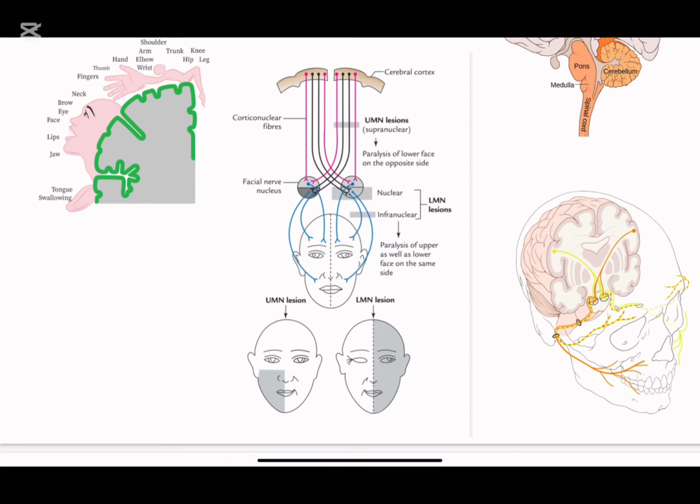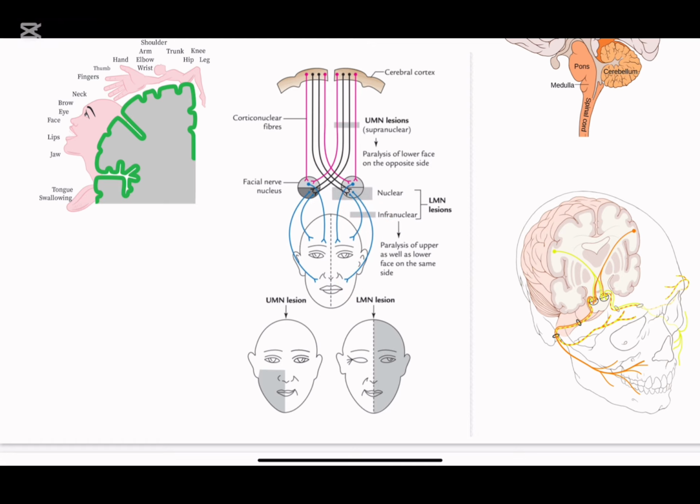For example, if the lesion occurs in the infranuclear part of the facial nerve, below the nucleus, then the upper part of the face is involved, and also the lower part of the face is involved.